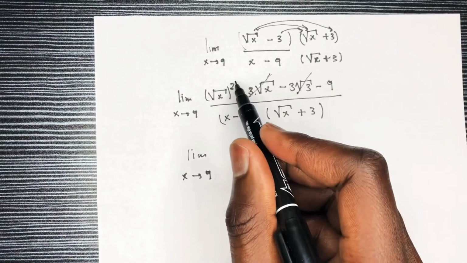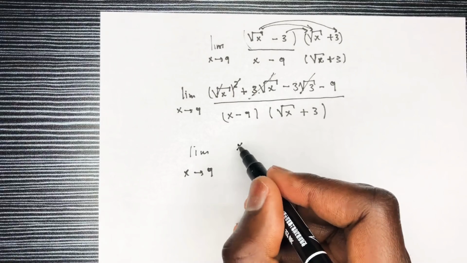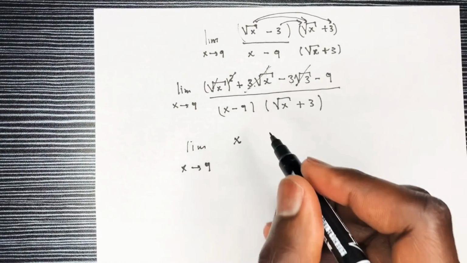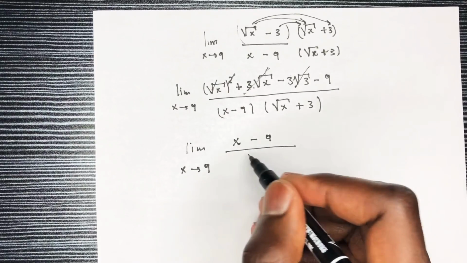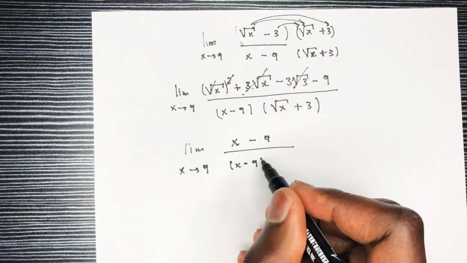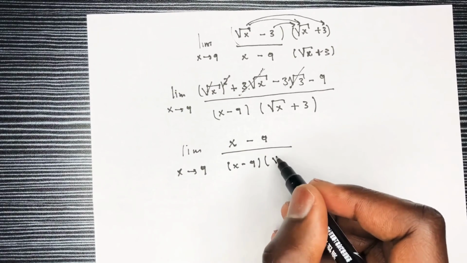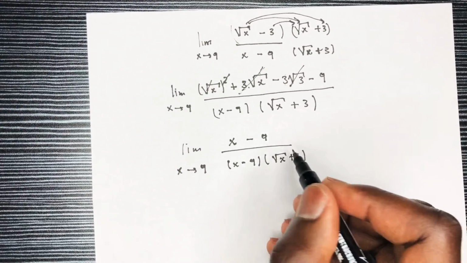We can also cancel the root, and we are just left with x minus 9 over x minus 9 times the square root of x plus 3.